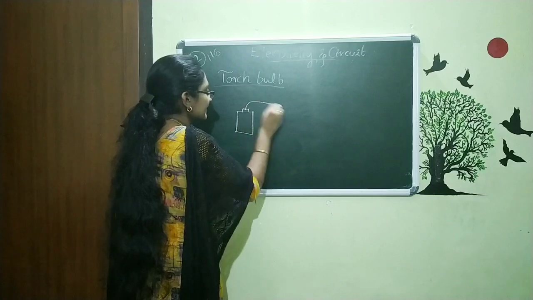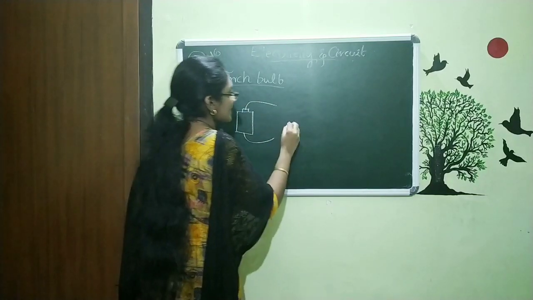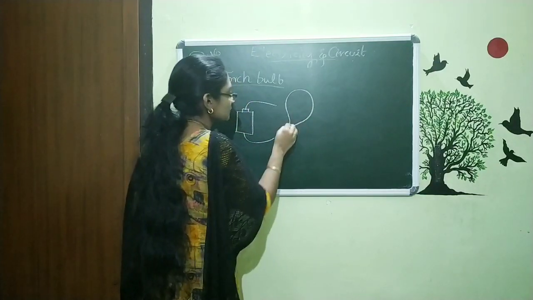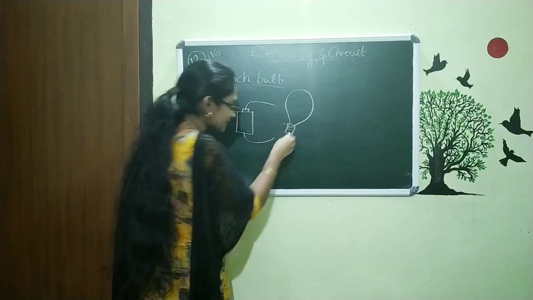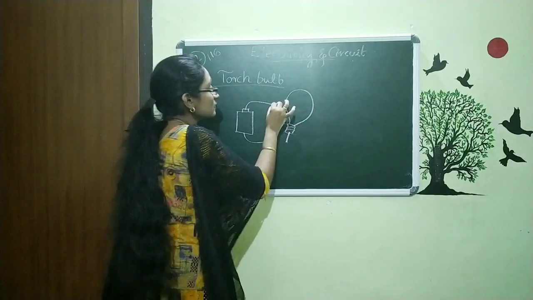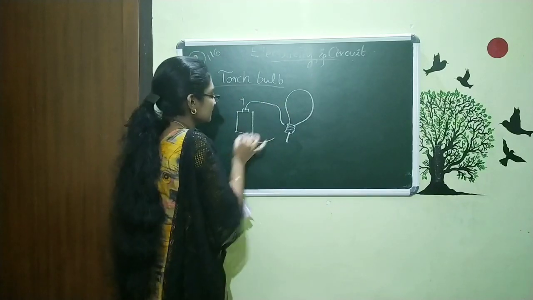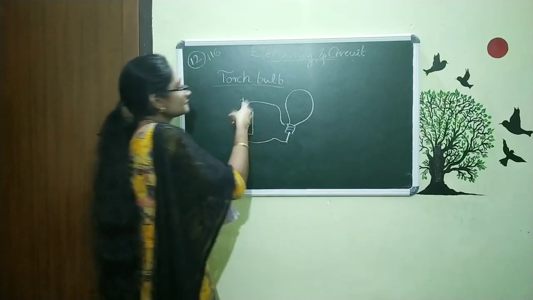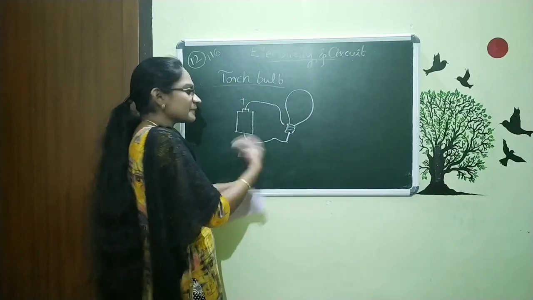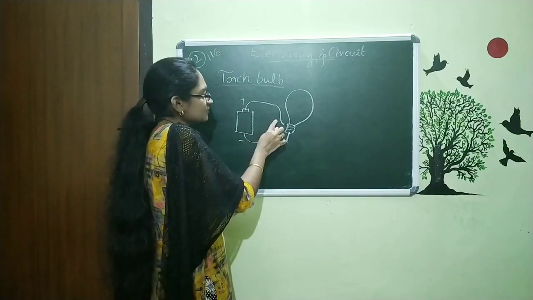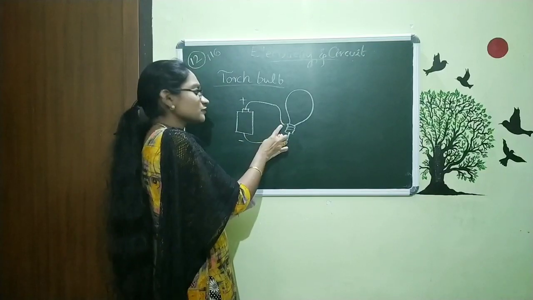For our battery and for the bulb, it has a terminal here and one terminal at the bottom. And so positive, negative. So this positive goes to a particular terminal of this bulb and the negative to a particular terminal. I am not saying that we always have to connect this positive to this.